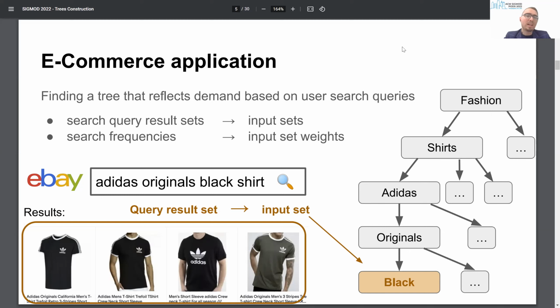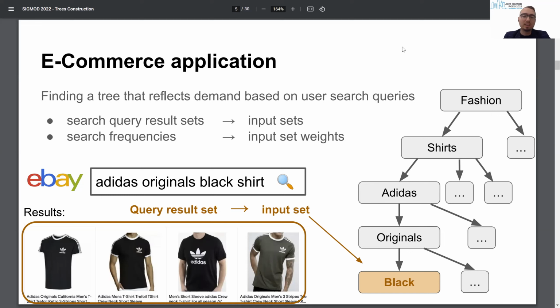The weight is the frequency of how many times these queries are searched by users. If black shirt is a very popular query, then it has a higher input set weight.